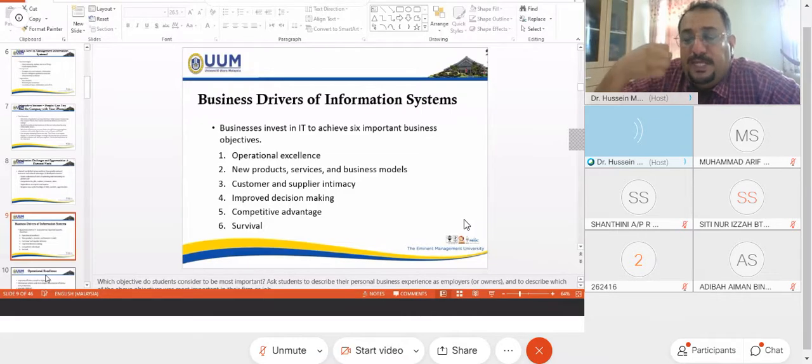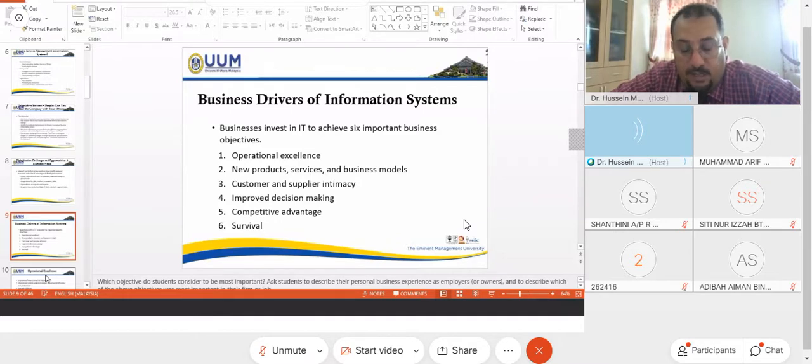So the business drivers of information system: why companies would like to invest in information system is because they would like to achieve one or two or some of these objectives. You see, objective number six is not achieved.